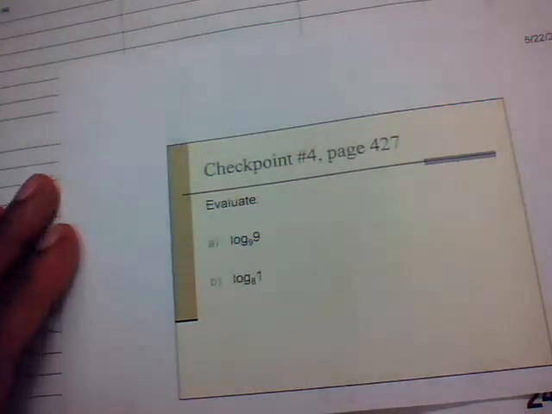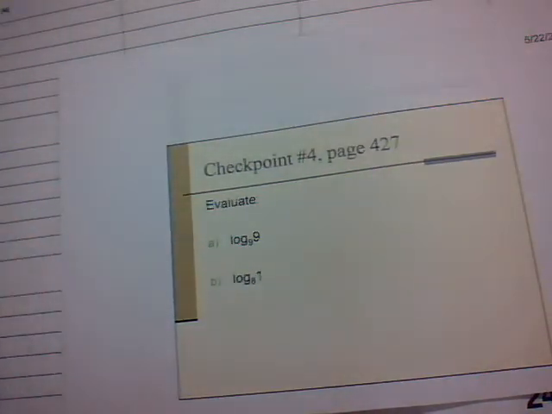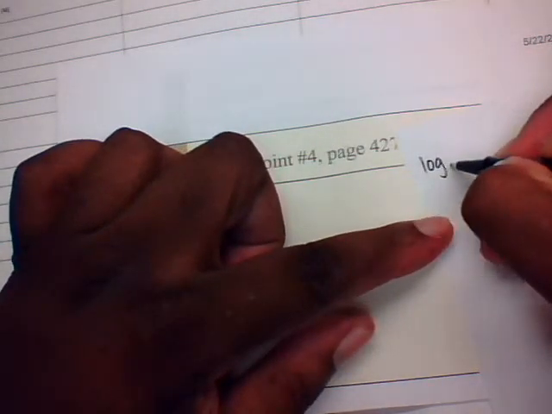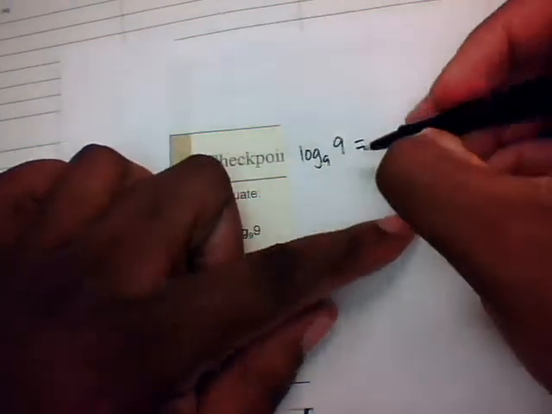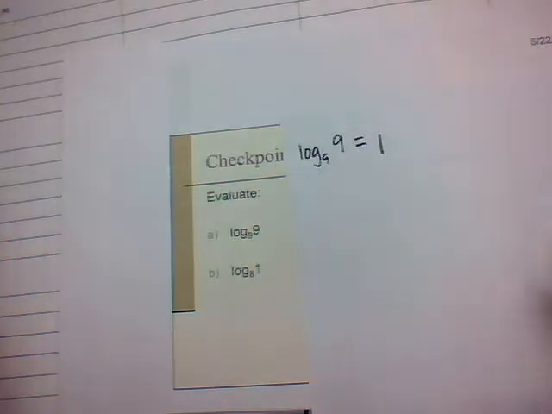Log to the base 9 of 9. You're basically finding out 9 to what power would give you an answer of 9. That's obviously going to be 1.